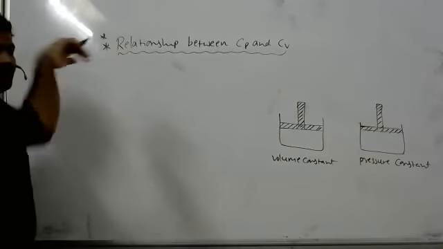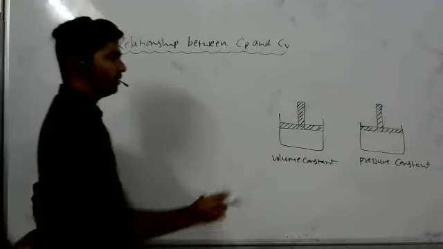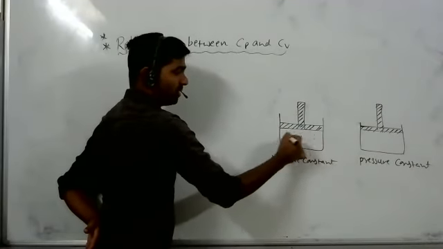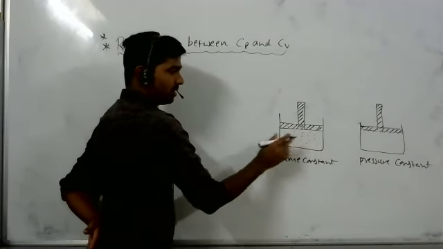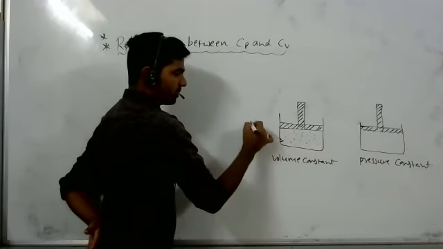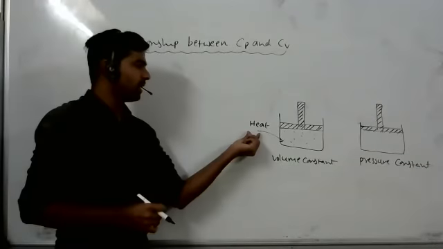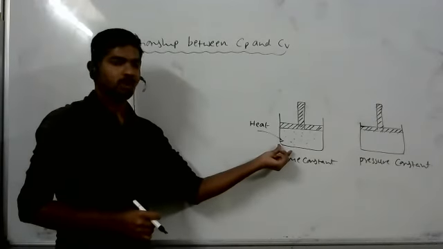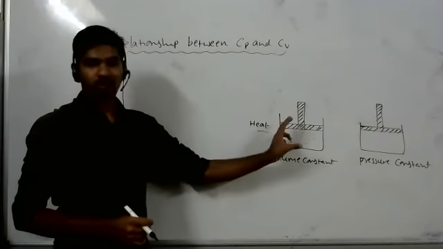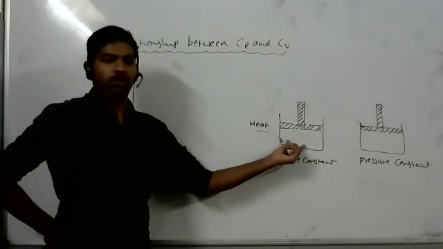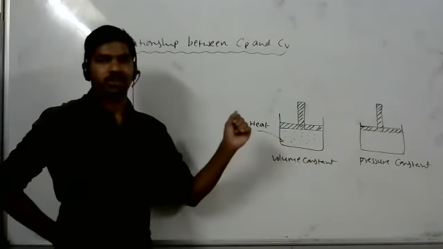Now here we are studying heat capacity. See, inside some gas is there, but the volume of the system we are keeping constant, and heat is supplied to the system. If we supply heat, the piston is not moving because we kept the volume constant. This heat is useful, first of all, to increase the internal energy of the system, right?